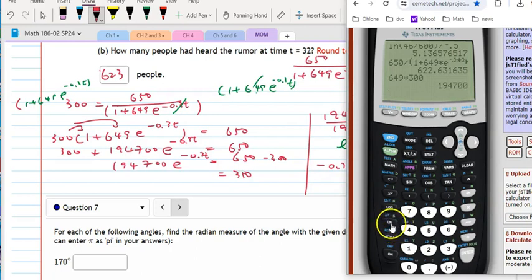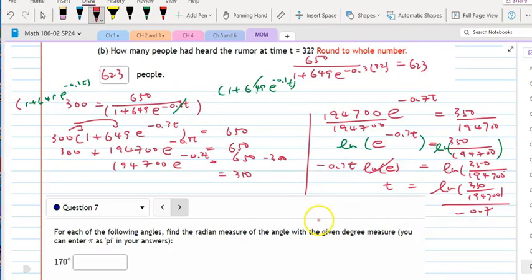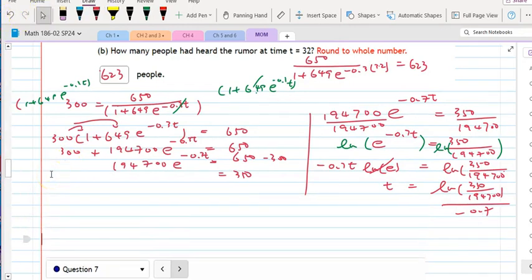Okay, so it's a matter of plugging in: ln, 350 divided by 194700, and then close it, and then divided by negative 0.7. 9.03. t equal to 9.03.